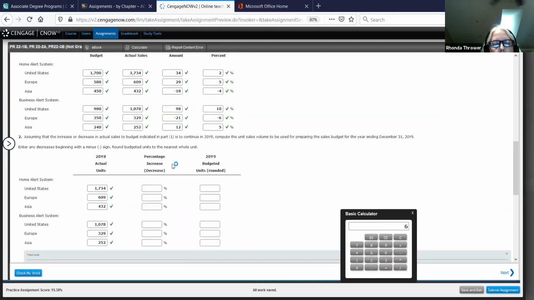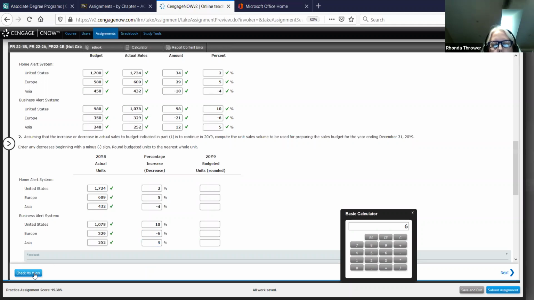And then we got to take the percentage increase or decrease, and that's what we got right here. And we're just going to plug it in here too. So this was a positive 2%, positive 5%, a negative 4%, positive 10%, a negative 6%, and a positive 5%.